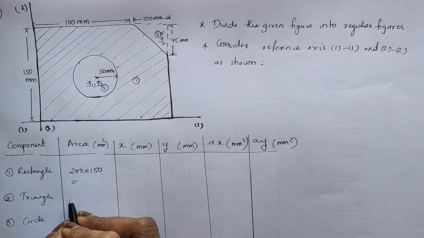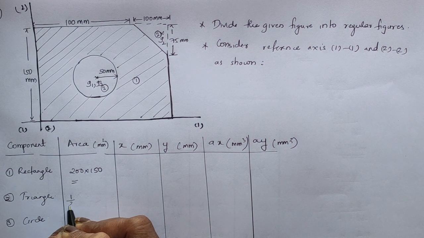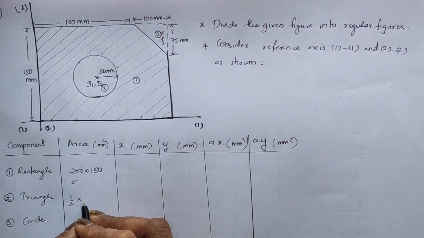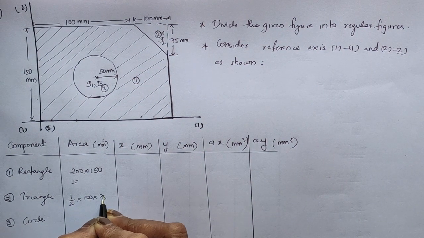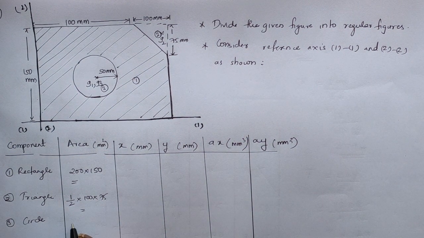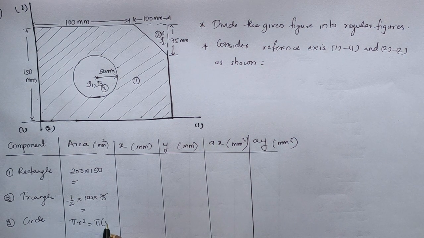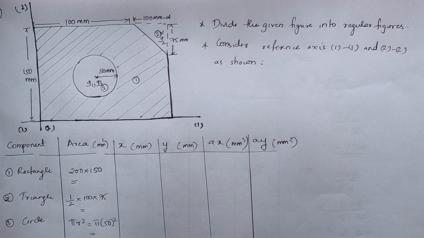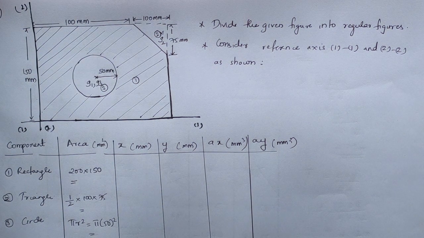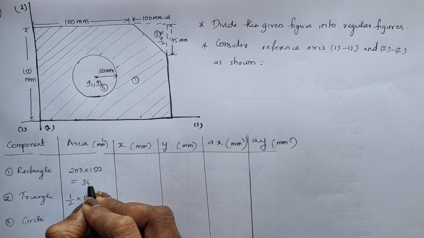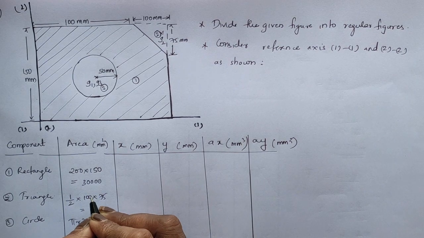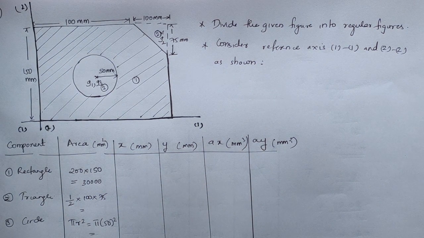Then next, triangle area is half into base into height, half into, you can take 100 into 75. Okay, then circle area is pi r square, that is pi into 50 square. Okay, so in order to find the area, 200 into 150, your answer will be 30,000. And the answer is 50 into 75, correct?